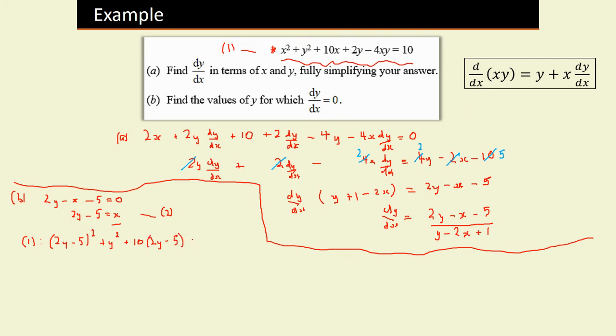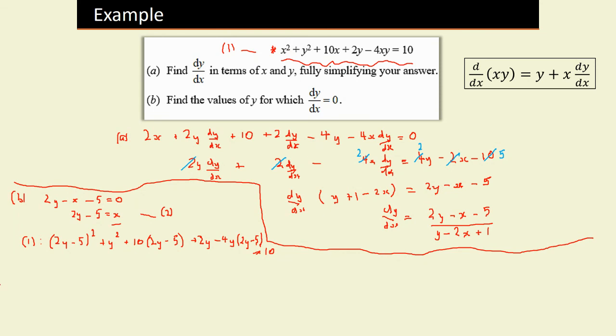Plus 2y. Minus 4xy. So I'll take the 4y to the front, and then I've got my (2y minus 5) for the x part. I'm just running out of space a little bit here. That all equals 10.